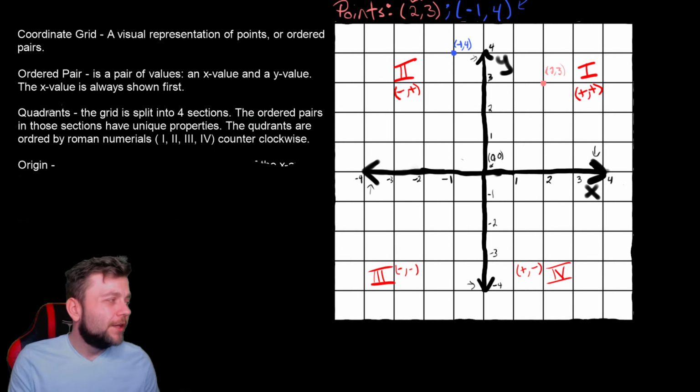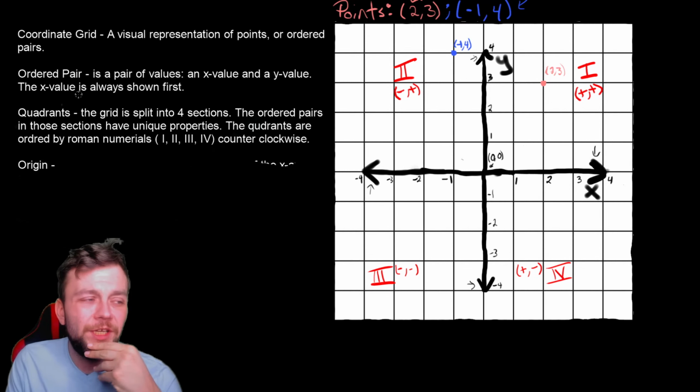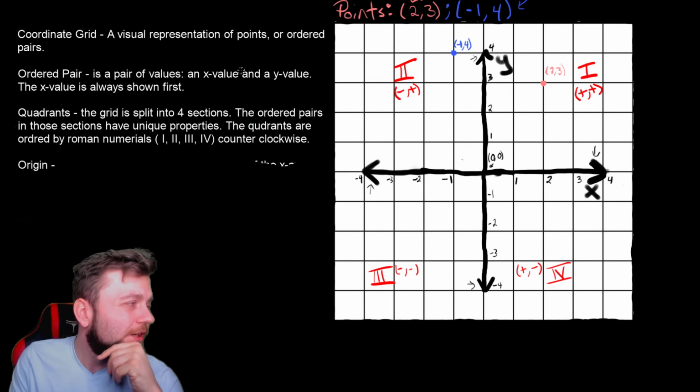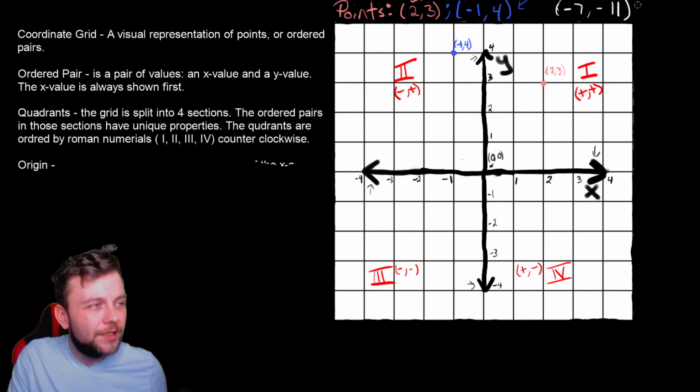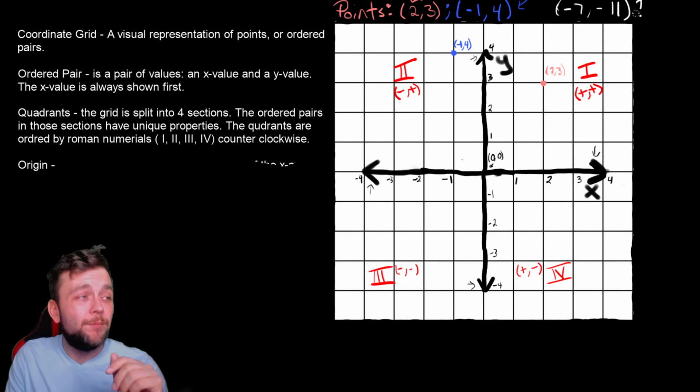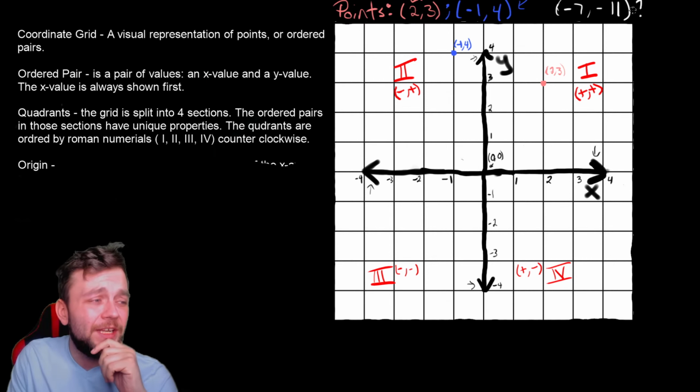Okay? So, if I were to give you the point -7 and -11, what quadrant would that be in? So what quadrant is the point -7 and -11 in?